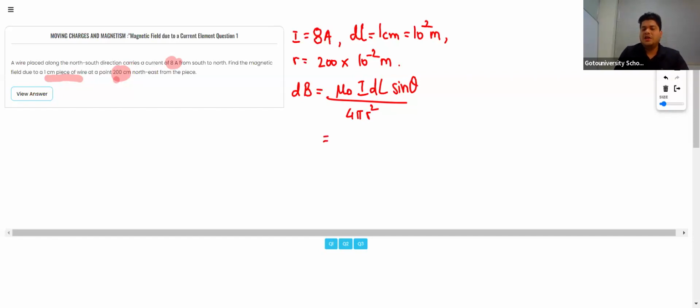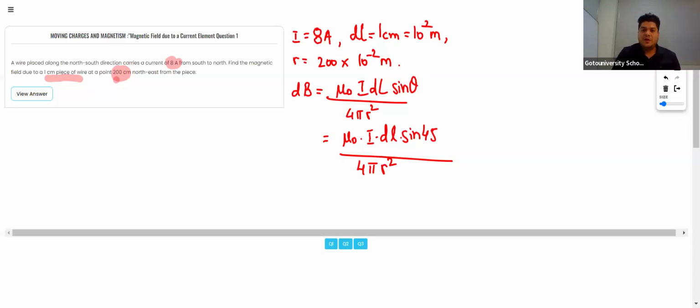So here you can write mu naught into I into dl into sine theta. The wire is along south to north. After that, northeast. Where is northeast? Northeast has 45 degree. So here you will write sine 45 upon 4 pi r square.